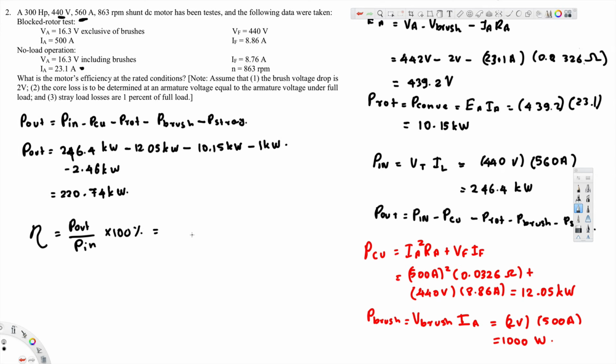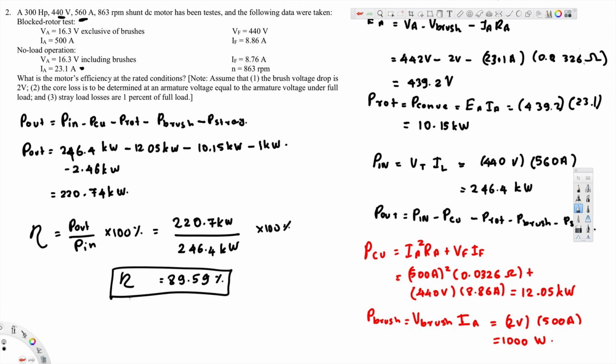P out, we calculated that one previously, that is 220.74 kilowatts, divided by P in, that is 246.4 kilowatts, multiplied by 100%, and that gives us 89.59%, and that is the eta value. And that's how we do this kind of problems.